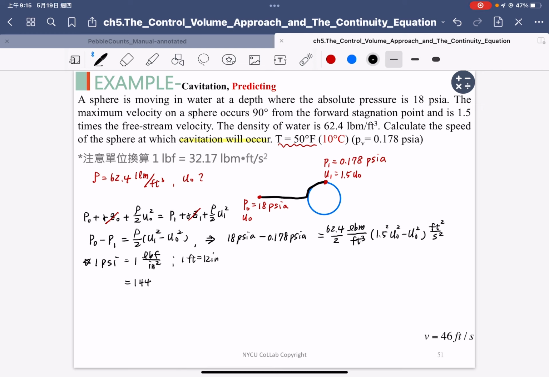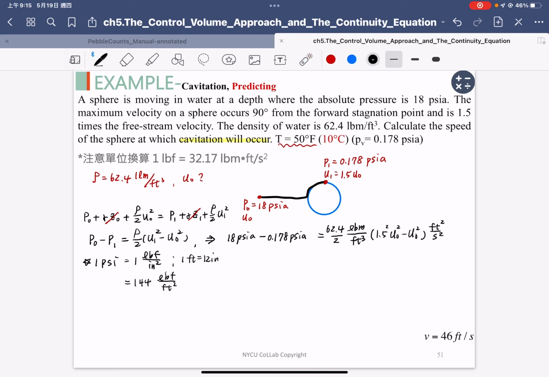Okay, 144 pound force per ft square. And then we also know that 1 pound force will equal 32.17 pound mass multiplied by ft divided by second square.